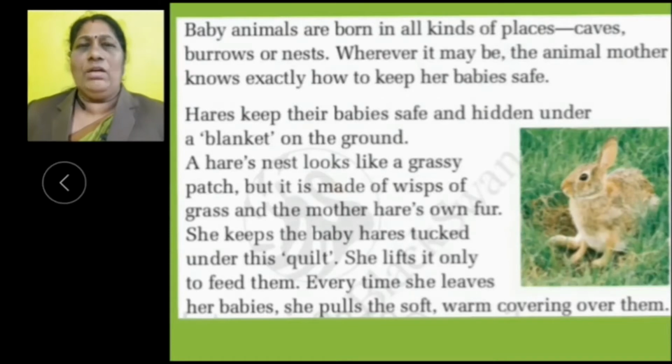Children, we all know that animal babies are born in different places such as caves, burrows, dens, nests, etc. But wherever the place may be, animal mothers find all the possible ways to keep their babies safe from enemies. Now, let us move to the next lines.